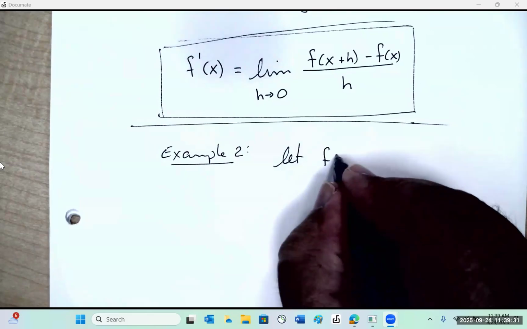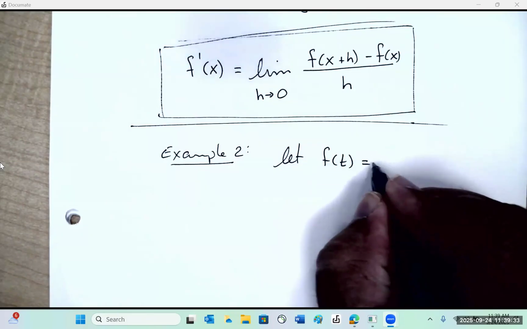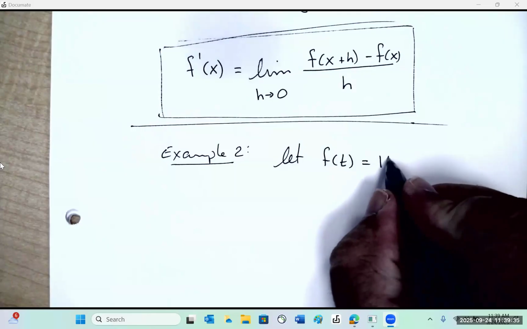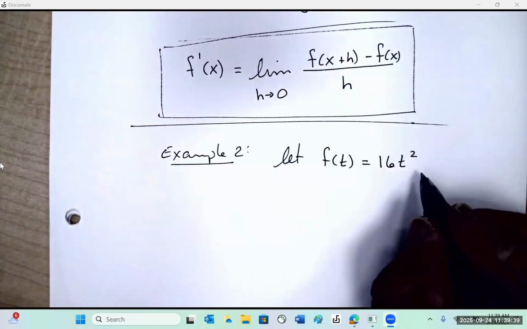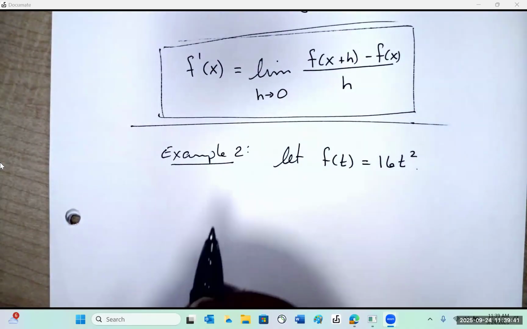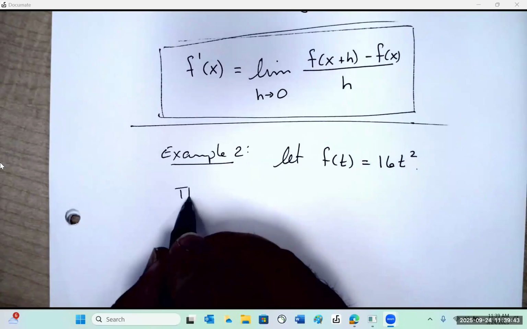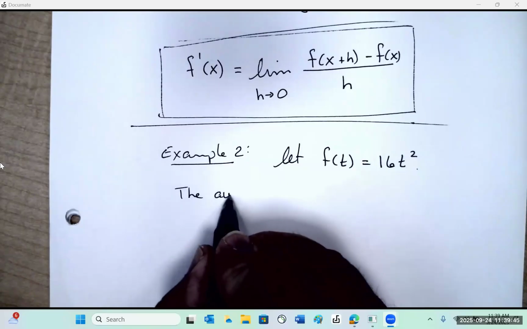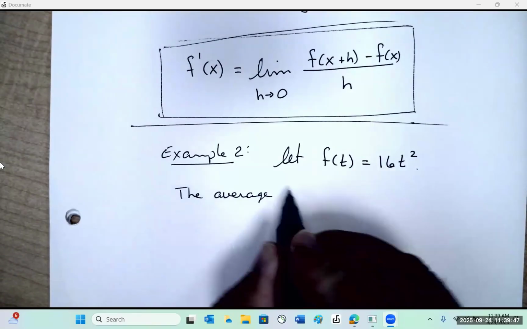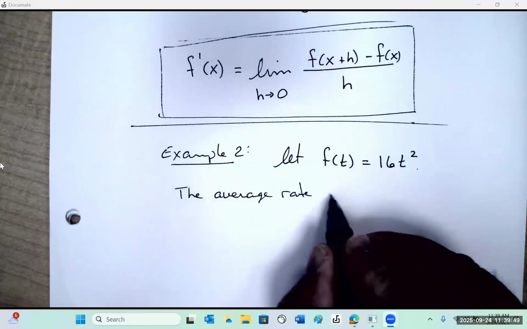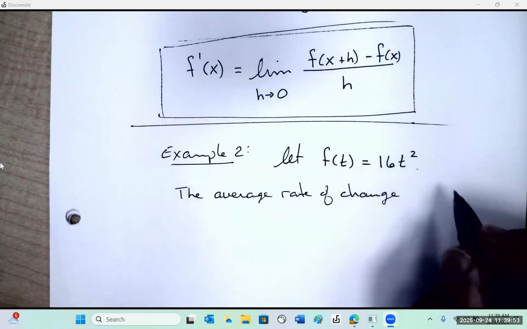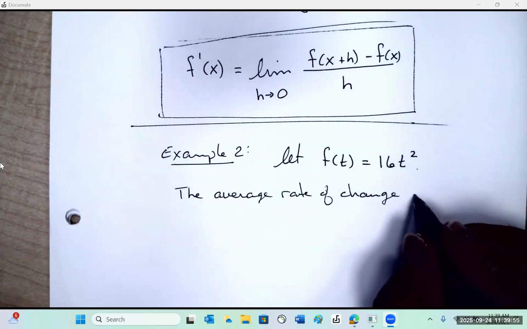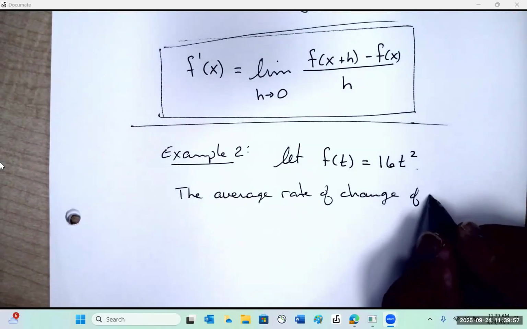Let f of t equal 16t squared, the average rate of change of movement.